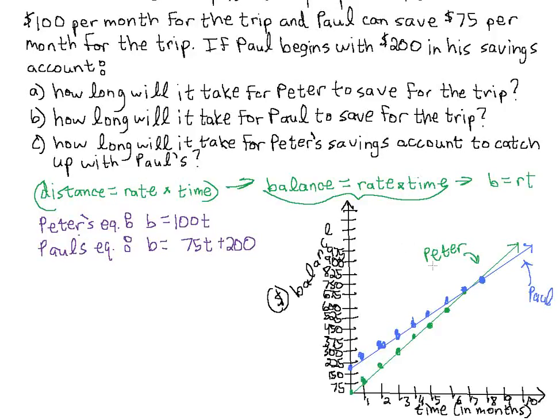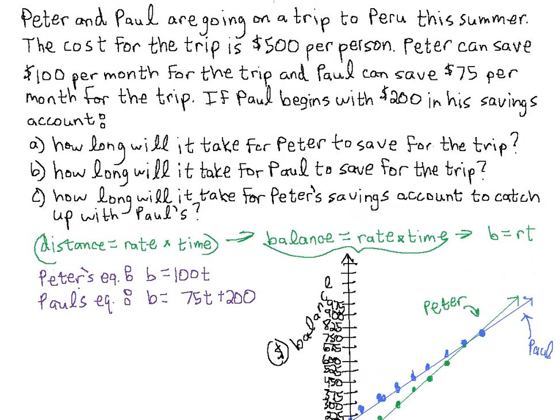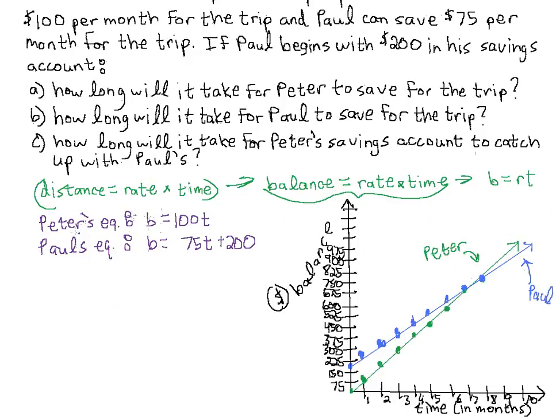Okay, so we want to know how long will it take for Peter to save for the trip. So what we want to know is when our balance, we know he needs to have $500 in his account for the trip. So we want to know what Peter's equation equals when B equals 500.